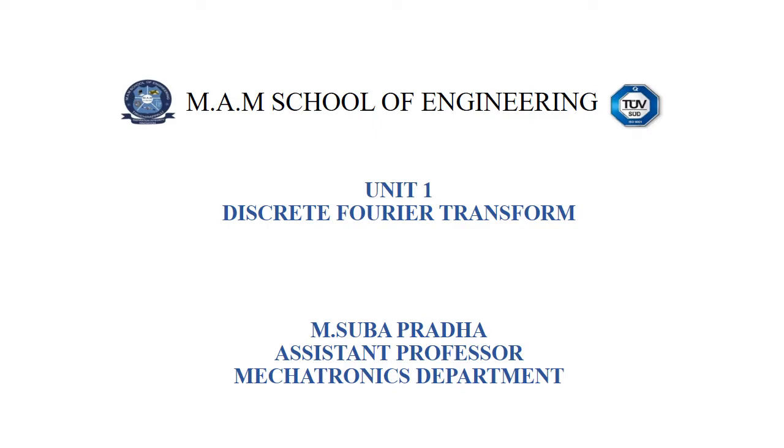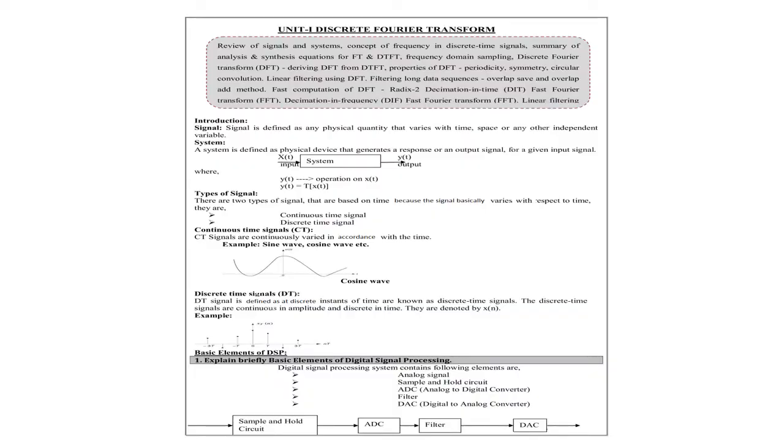In this subject, we are going to see Unit 1, that is the Discrete Fourier Transform. In this first unit, we are going to see a review of signals and systems, then the concepts of frequency in discrete time signals, then analysis and frequency domain sampling.